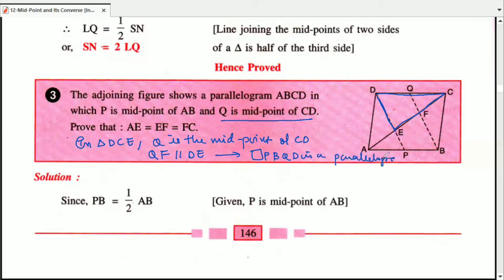So this is the given in the converse of the midpoint theorem. So on the basis of this, we can conclude that F is a midpoint, so FC is equal to FE, on the basis of the converse of the midpoint theorem.